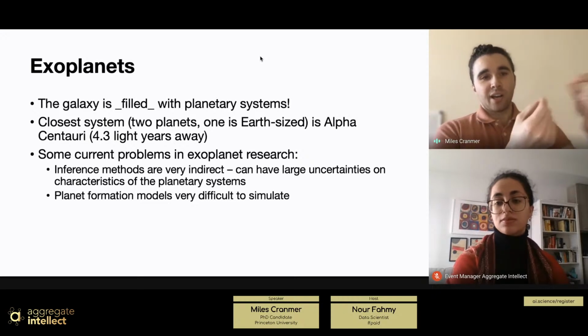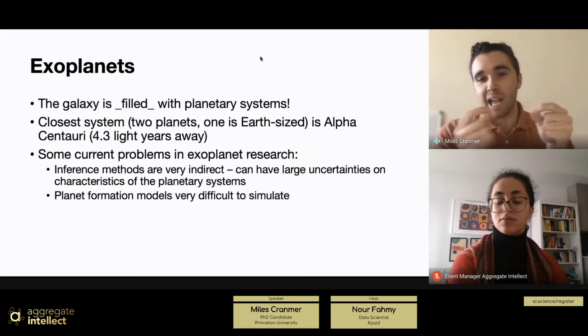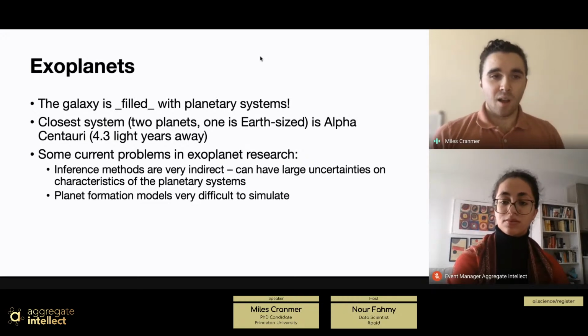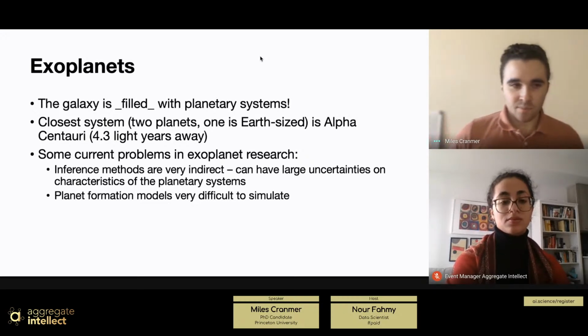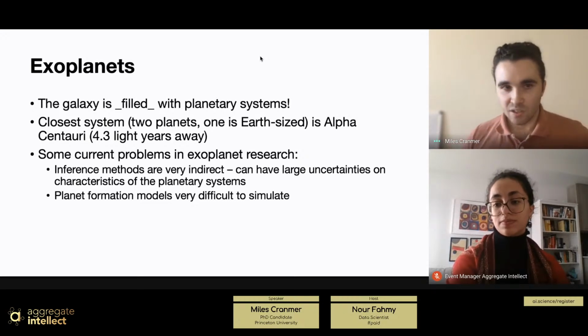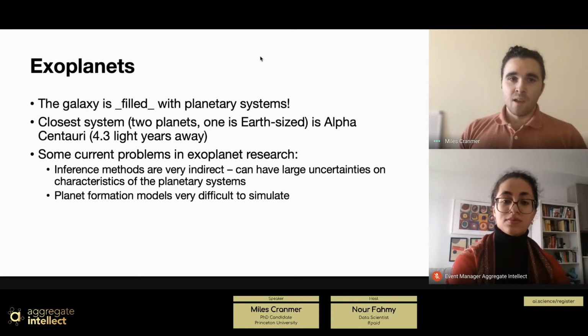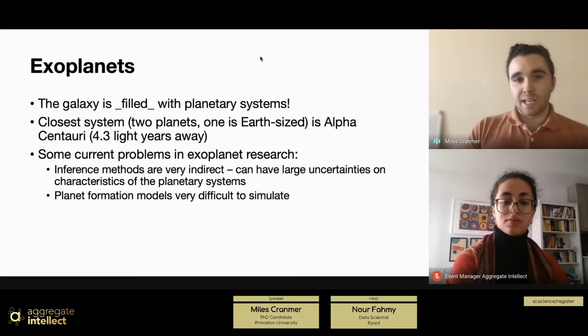The other one is you study the movement of stars, and you infer that a planet is pulling on it. They're very indirect, which means you can have large uncertainties on the parameters of your planetary system. So that's one problem in exoplanet research.